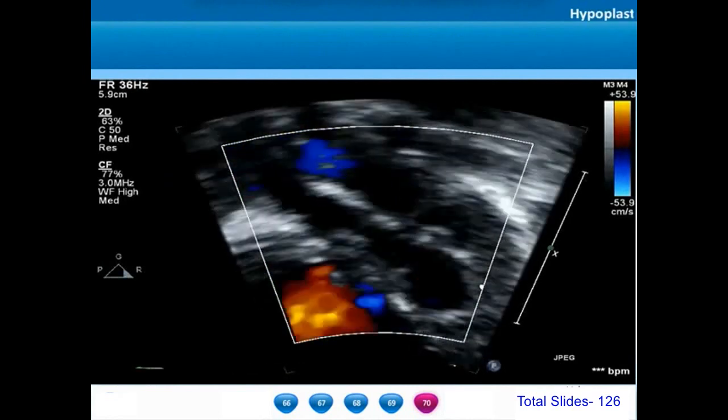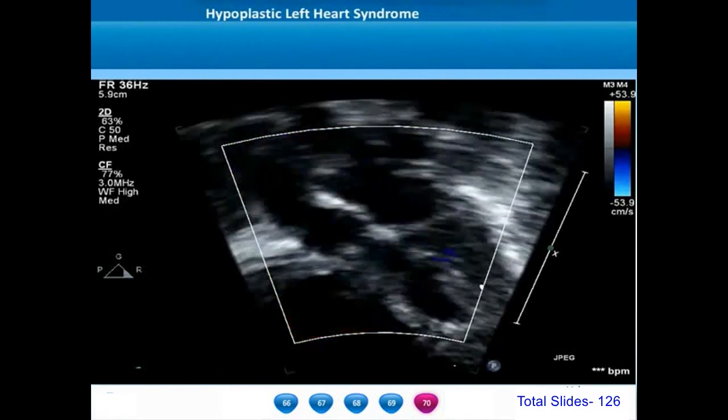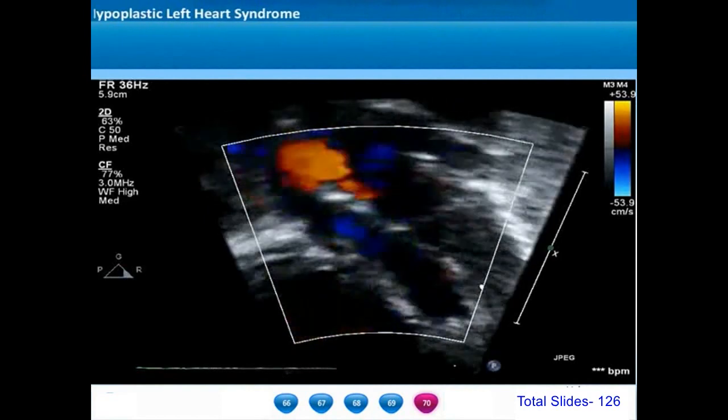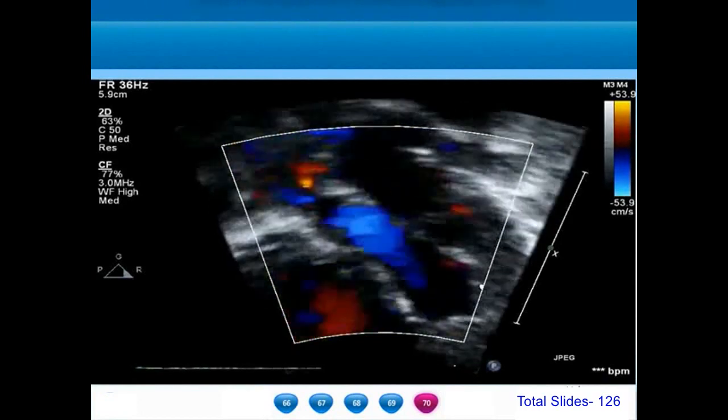We can notice the antegrade blood flow from the hypoplastic left ventricle into the ascending aorta. However, the left ventricle, the aortic annulus, the aortic root and the ascending aorta are severely hypoplastic.